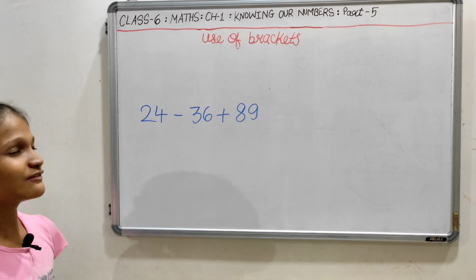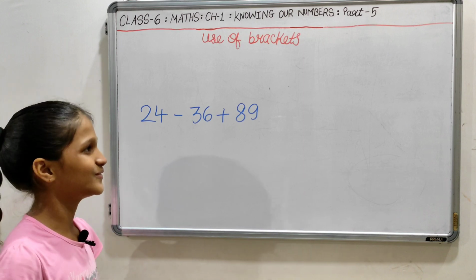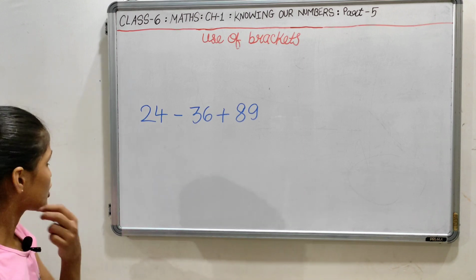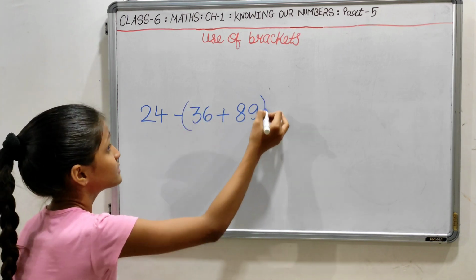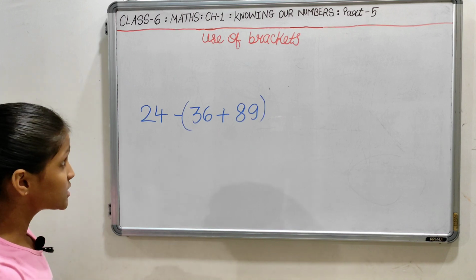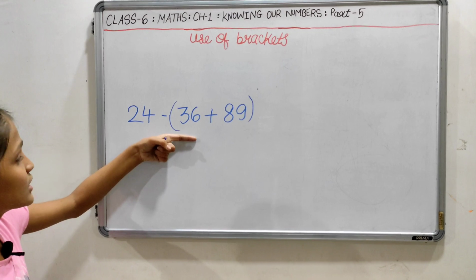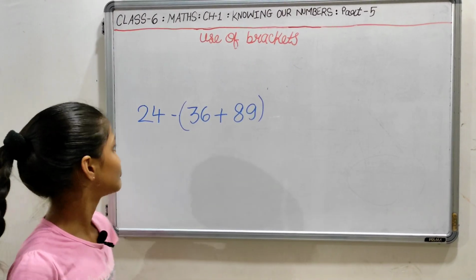Now can you solve this problem: 24 minus 36 plus 89? No? Then we can use brackets. What we can do is put a bracket here. Why? Because putting a bracket here means first we will add inside the brackets and then do the operation outside.